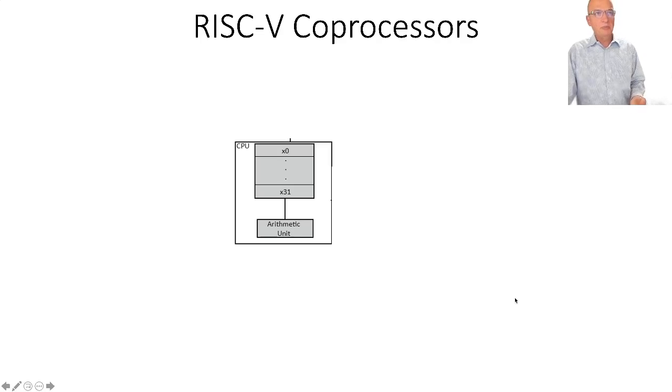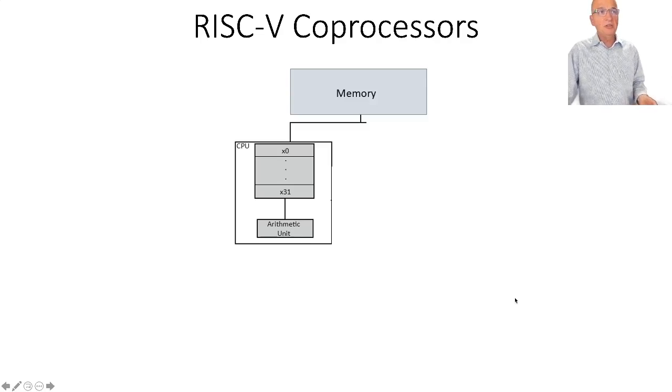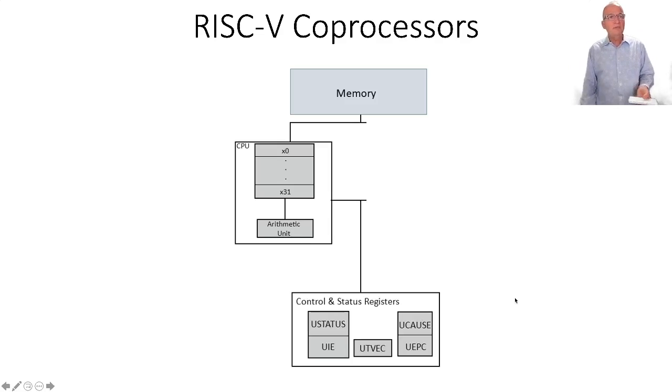And then we start talking about the organization of the RISC V processor. So we have the CPU that we already know. And then the CPU accesses memory, and we have focused on that part of the processor up to now in 229. Today, we are introducing the control and status registers because we need them to process exceptions and interruptions.